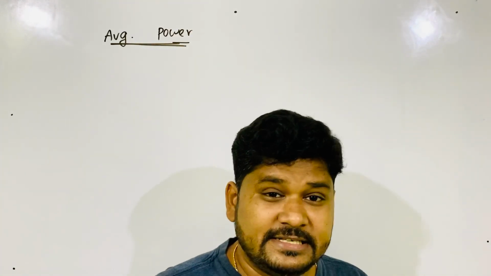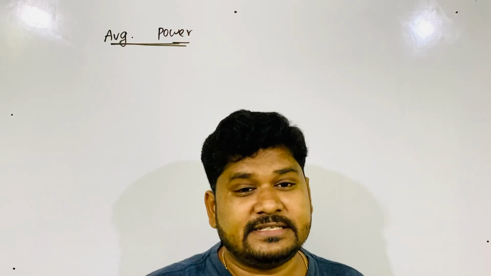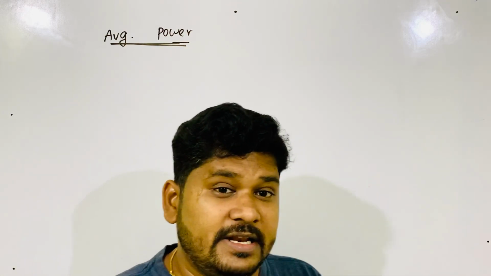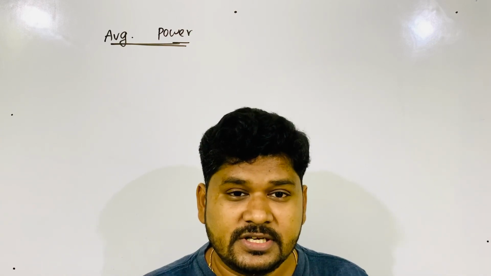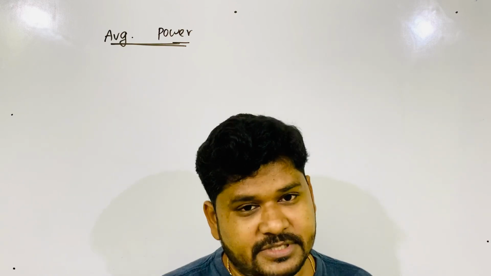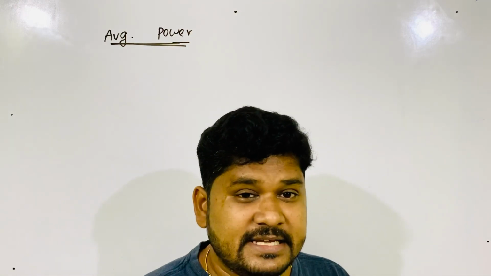In general means I will find average power for an LCR circuit. Then I will use the special case to move to resistor, capacitor and inductive circuit. Let's come to the LCR circuit.